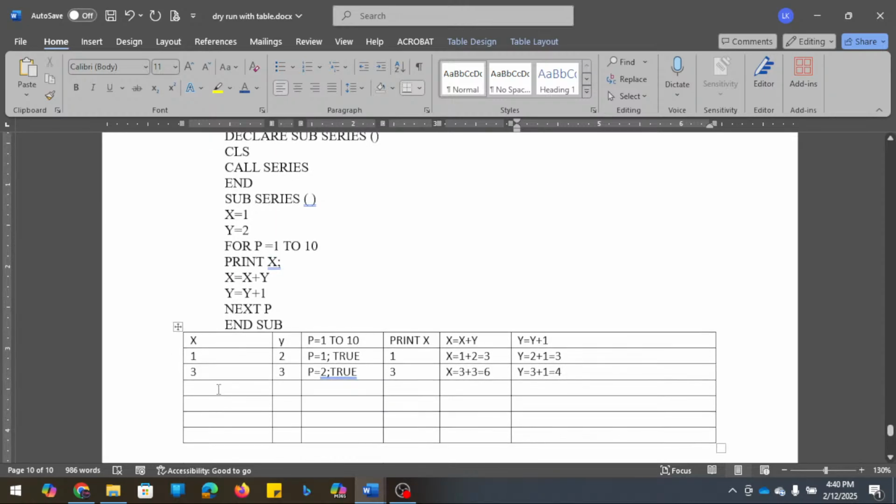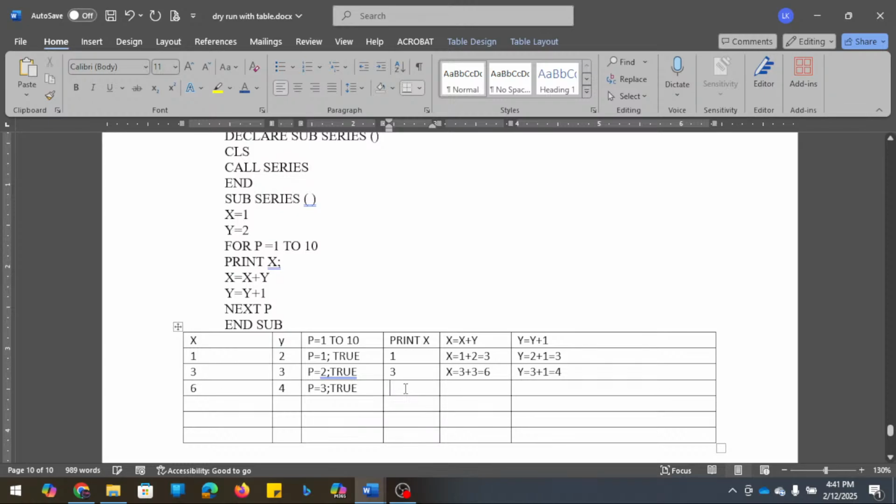Now in the next iteration, x becomes 6, y becomes 4, and p becomes 3. It is again true since the loop runs 1 to 10.